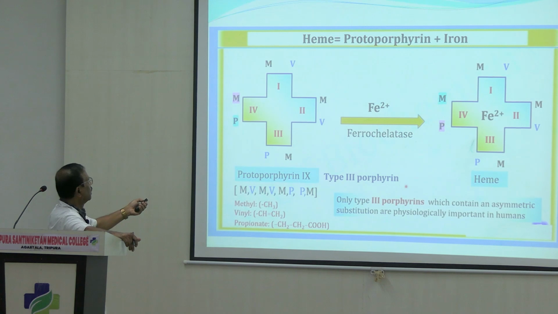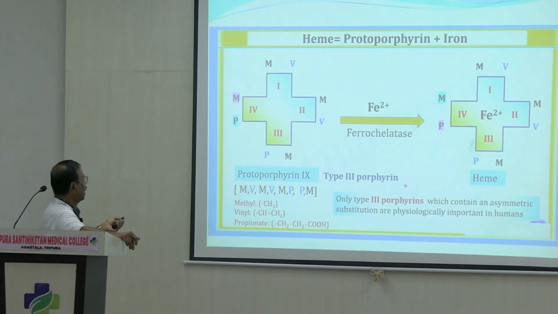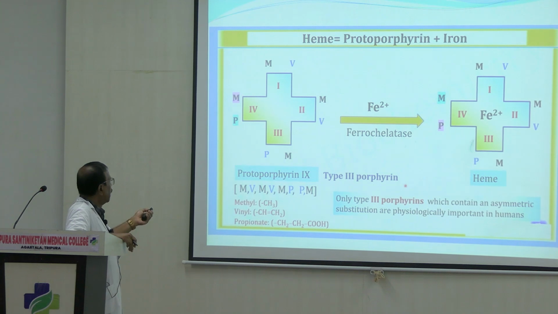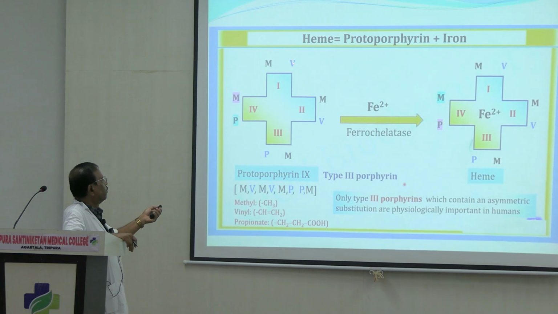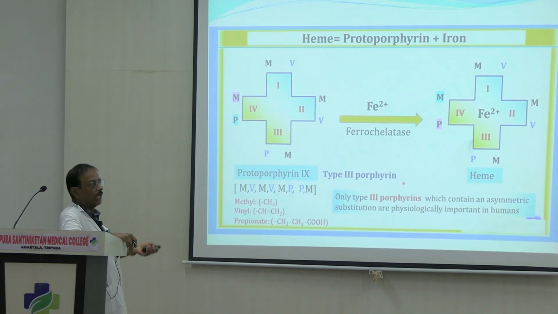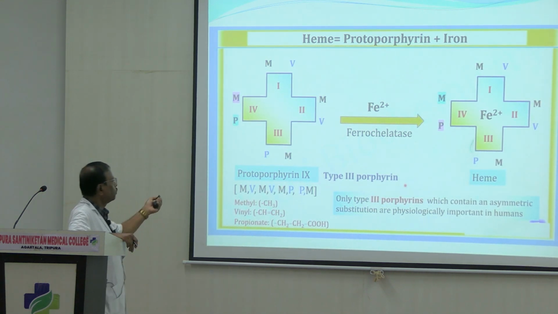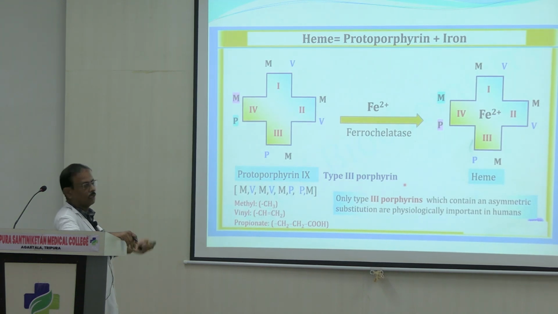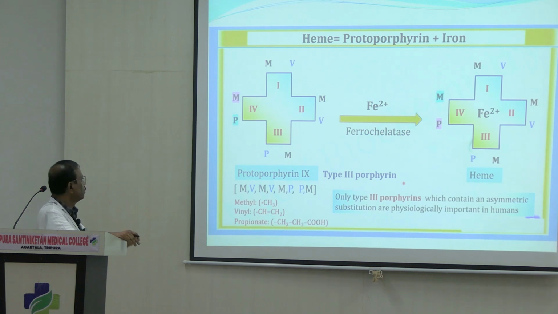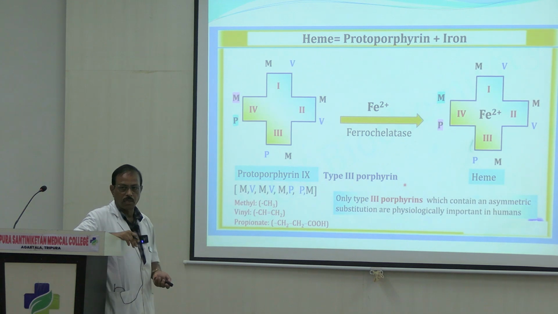The difference is that here the groups in the 2nd, 4th, 6th and 8th or 7th positions are not the same. In the 2nd and 4th it is vinyl, and in the 6th it is propionate; it is supposed to be in the 8th, but as it is a type 3 porphyrin, in place of 8 the propionate group is attached to the 7th position.